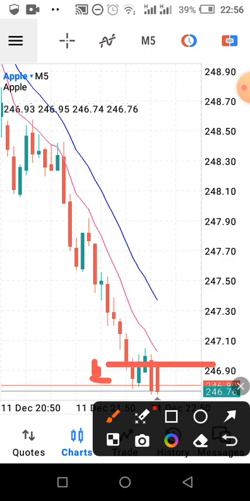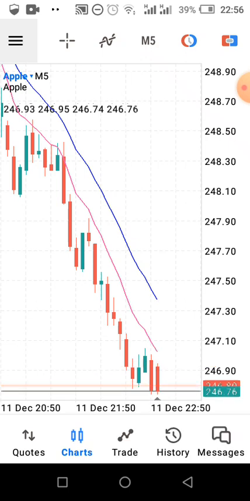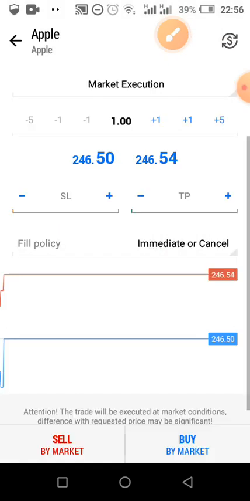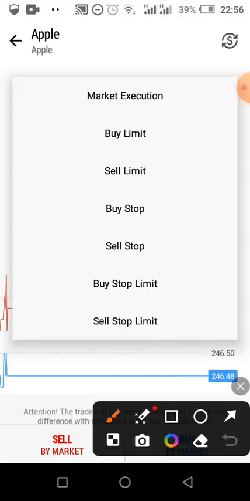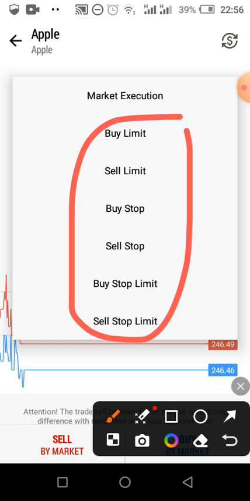Then the other advantage with variable spreads is that if you are using limit orders or stop orders to open your trades, where you are telling MetaTrader to open a trade once price reaches a certain price level, even when you are no longer on your device, you have a better guarantee of your order being filled.